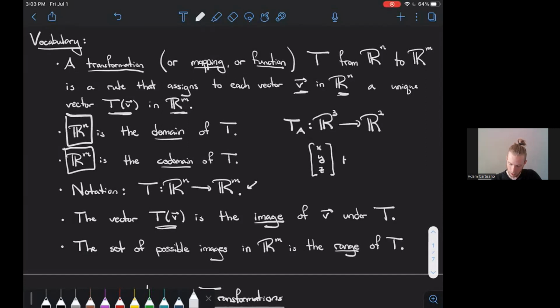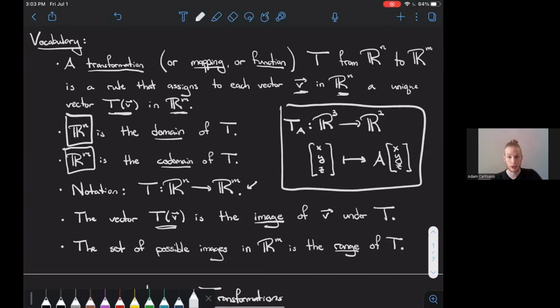They like to do an arrow with a flat end, like an arrow coming out of a wall. And then the output will be A times x, y, z, like that. And we computed what that is.